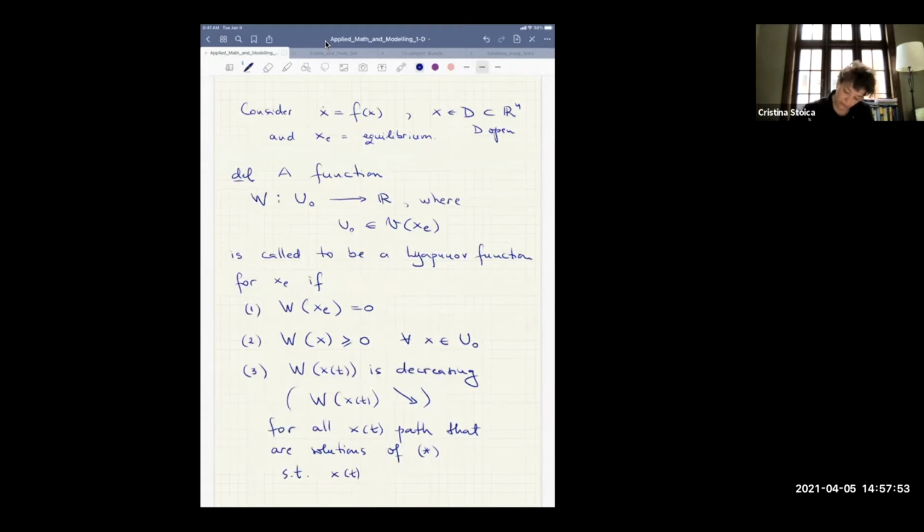In this way, we're correct. So for all paths that are solutions of the equation, the equation star, let's put a star on it. So there are these three conditions.